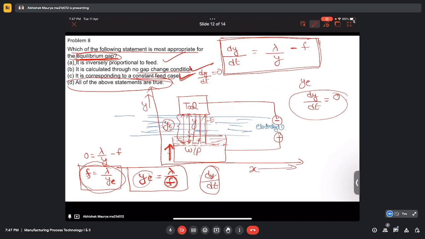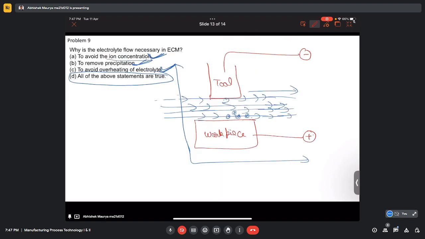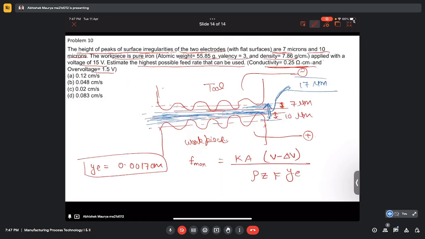So this feed will become maximum when the gap becomes minimum. The minimum is possible only if we bring them so close that direct contact between tool and workpiece is just avoided. Therefore, we will use this relationship to find the maximum possible feed.